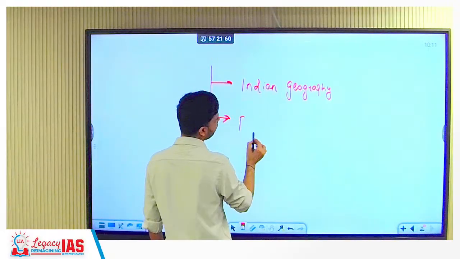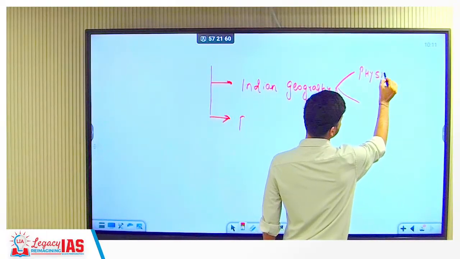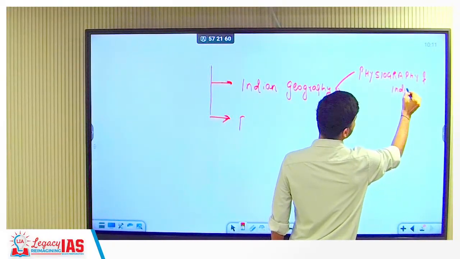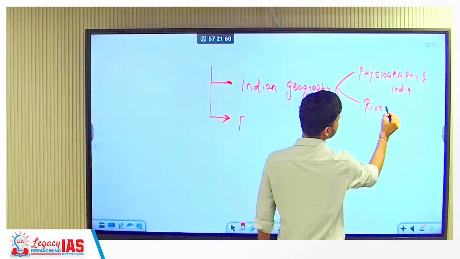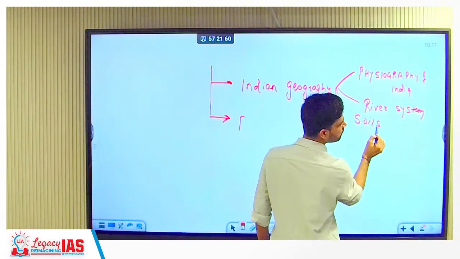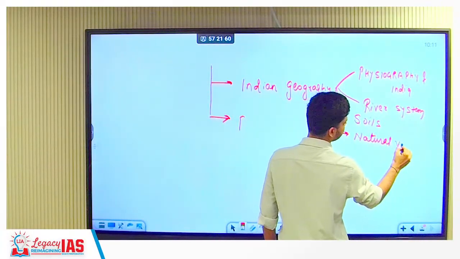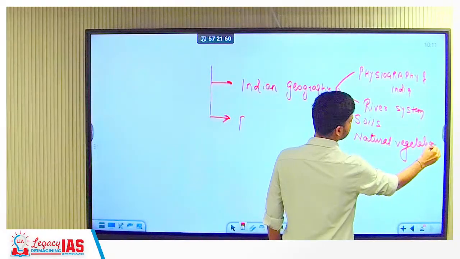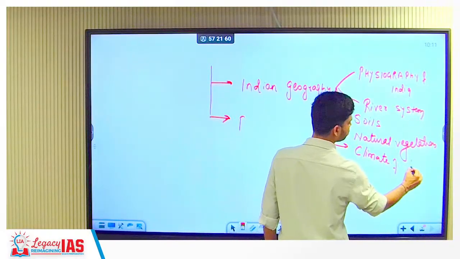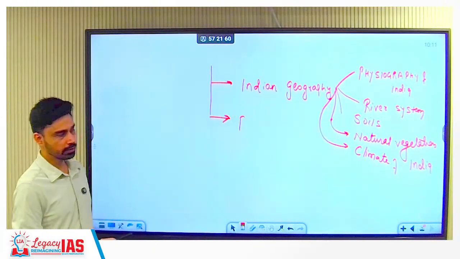In Indian geography we have several sections such as physiography of India, river system we have to study, soils, natural vegetation, and climate of India. So these are the 5 main chapters which come under Indian geography.